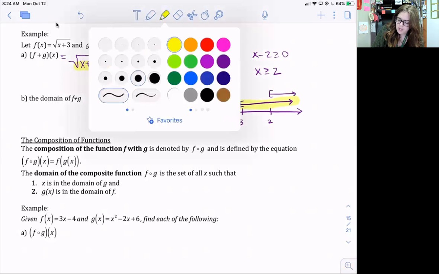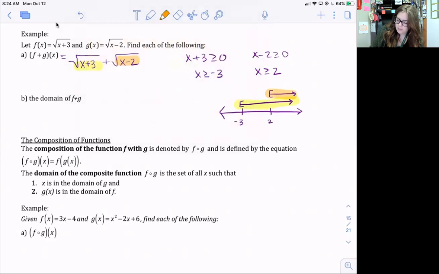So our domain is going to be where they overlap, okay? Because if we plugged in like 0, that would work for this first square root, but it wouldn't work for the second. So our overlap from 2 to infinity is our domain.